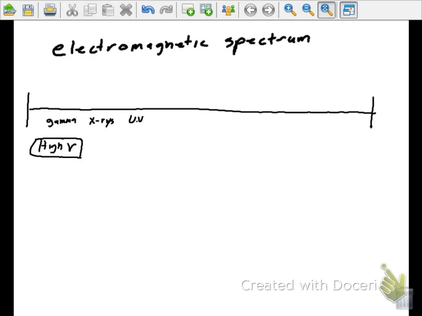Then we go to visible. So the visible goes what? V, I, B, G, Y, O, R, right?